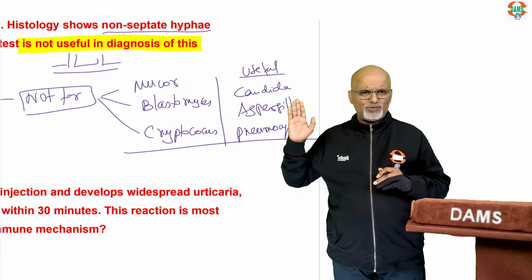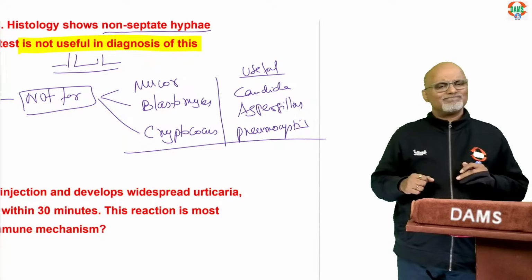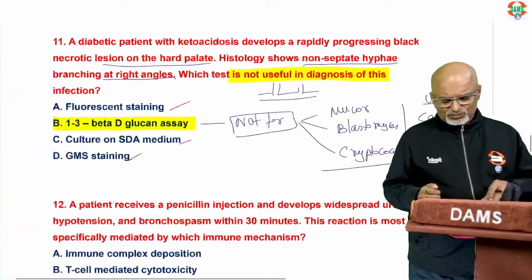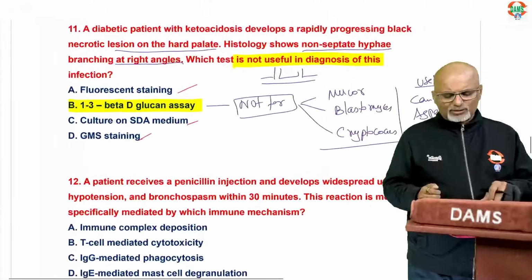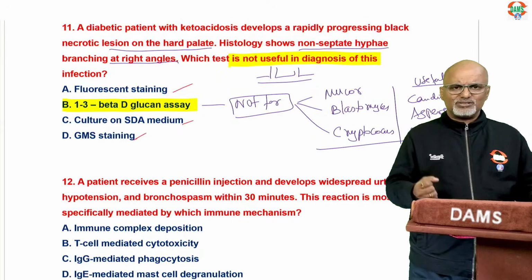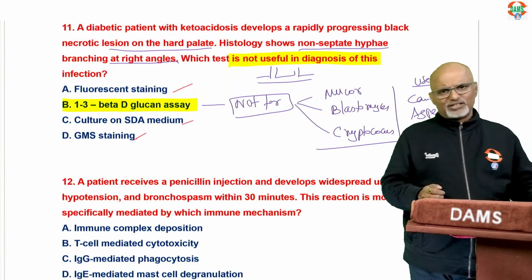It's very useful in diagnosis of Candida, Aspergillus and Pneumocystis. You got it, my dears? Fluorescent stain is very much useful for diagnosis of mucormycosis. Culture, they'll call lid lifters. GMS stain is a universal fungal stain for many fungi.